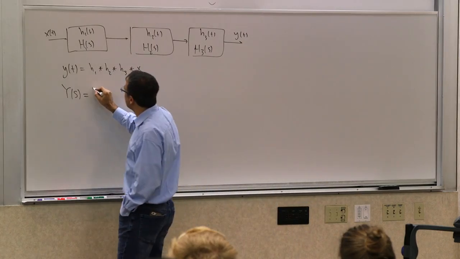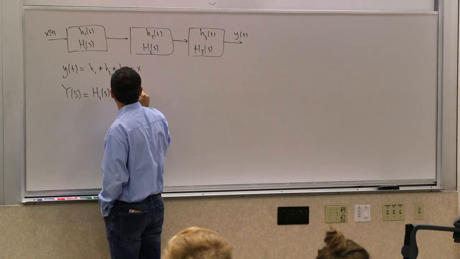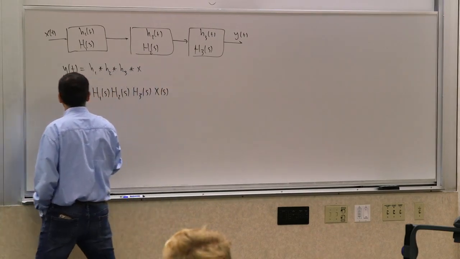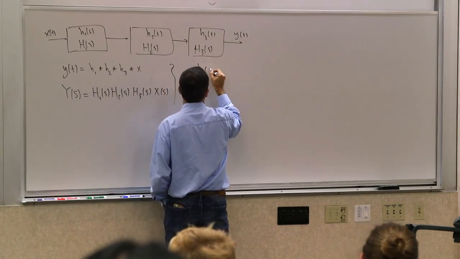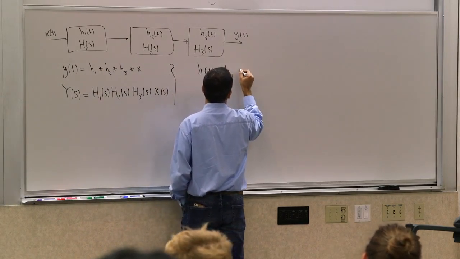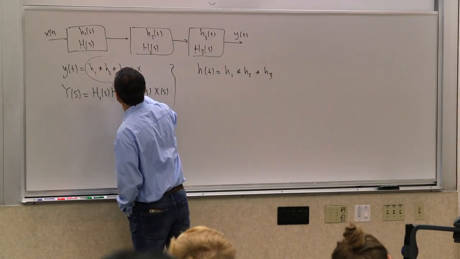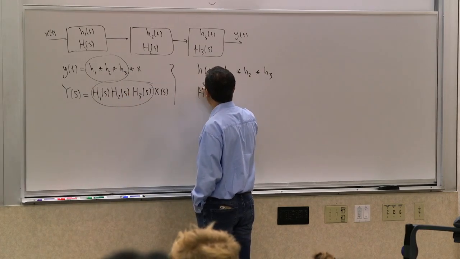So in that case, you have h1 of s, h2 of s, and h3 of s times x of s. In other words, you can write an aggregate impulse response, which is basically h1 convolved with h2 convolved with h3, because you can think of this as an aggregate impulse response. Or you can think of this as an aggregate transfer function.